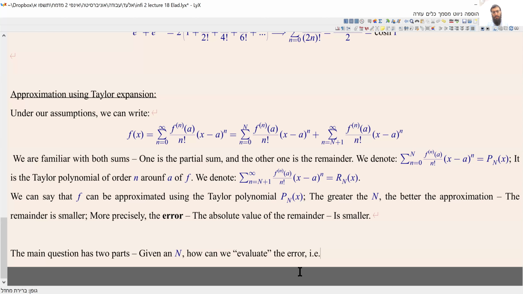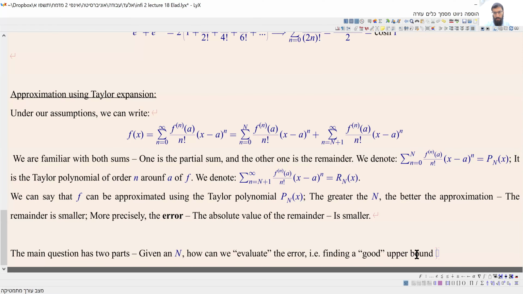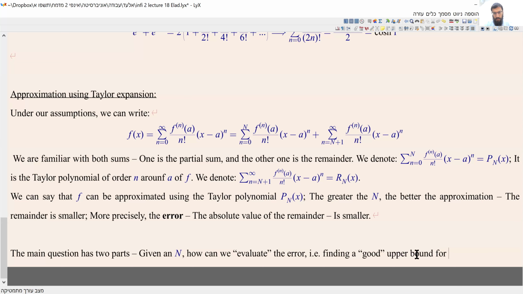Meaning, i.e., finding an upper bound, a good upper bound for the error. And the second part, let's write it down that way.